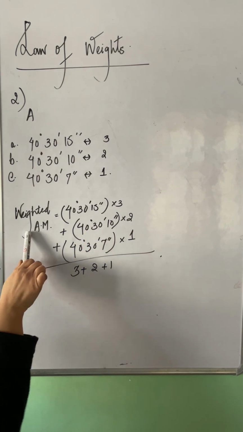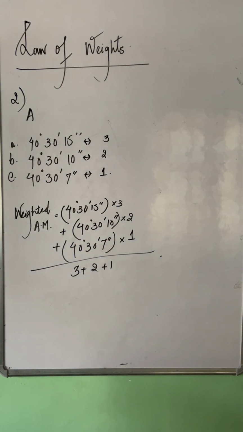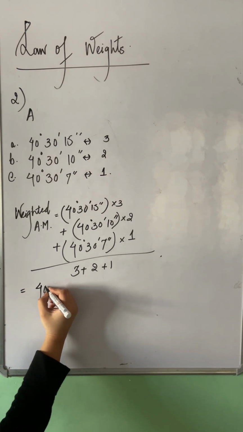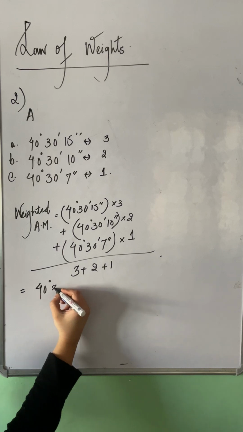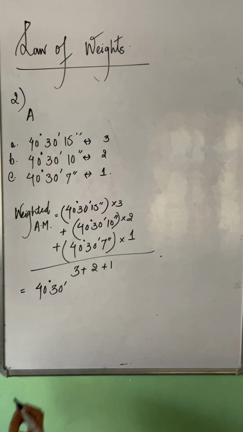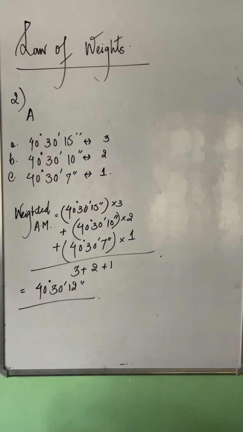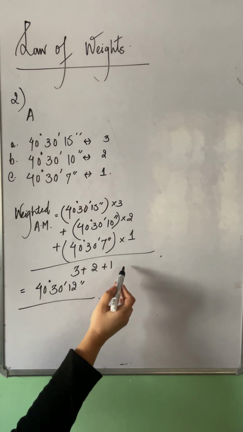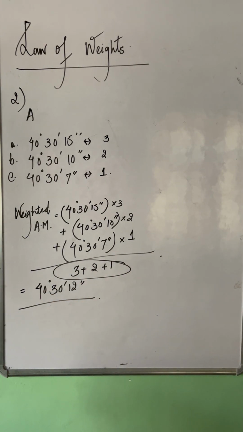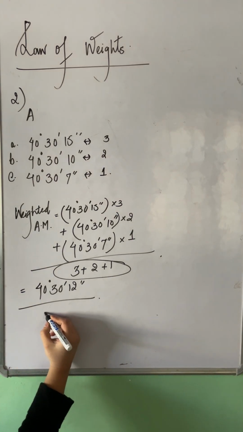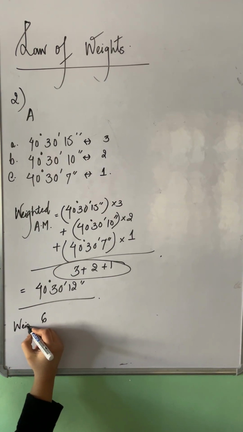This is how we calculate the weighted arithmetic mean for those observations where every observation has a different weight. By calculations, my weighted arithmetic mean comes equivalent to 40 degrees, 30 minutes, and 12 seconds. Now this will have a weight of the sum of the individual weights, that is, it will have a weight of 6.